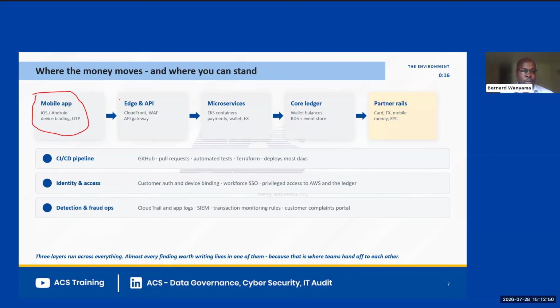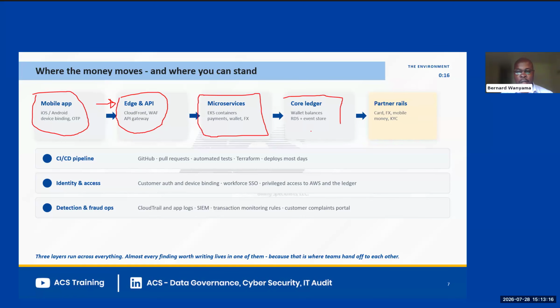Then you have internet infrastructure that speaks to the mobile app. In this case, there's an API that is exposed by Amazon Web Service to handle the mobile application. And then in the back end, you have containerized microservices to deal with the different functions and business processes.